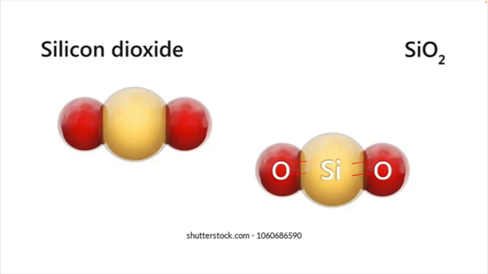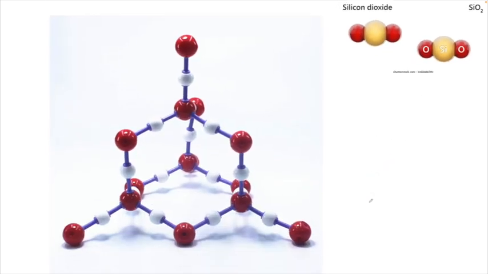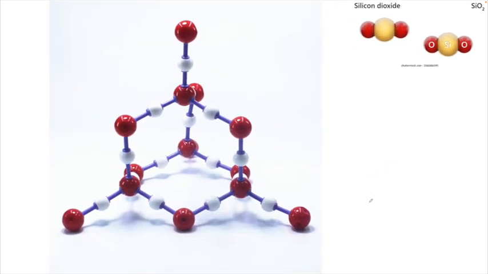At first glance, you might think silicon oxide is a small molecule like carbon dioxide, one silicon in the middle and two oxygens on the sides. But that's not the case. In reality, each silicon atom bonds with four oxygen atoms, each through a single covalent bond.